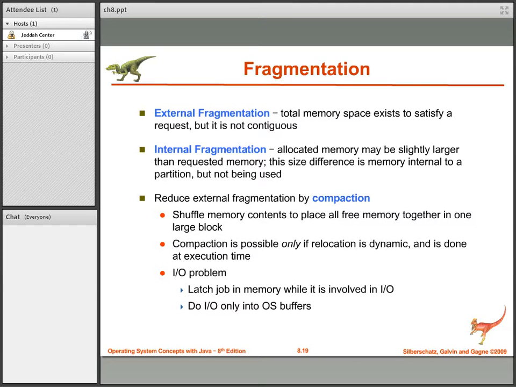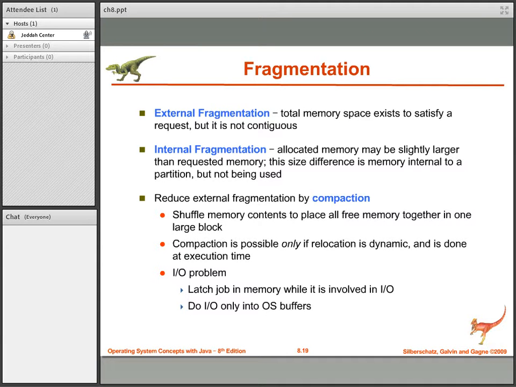How do we deal with the external fragmentation? We deal with the external fragmentation by compaction. We shuffle the memory contents to place all free memory together in one large block.